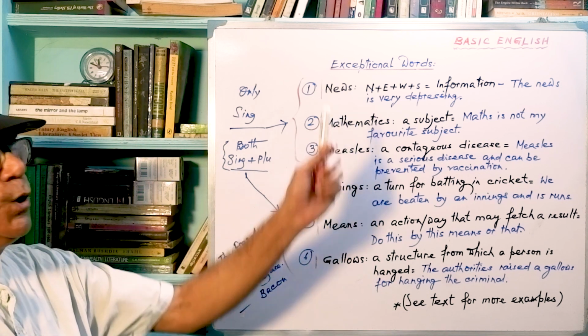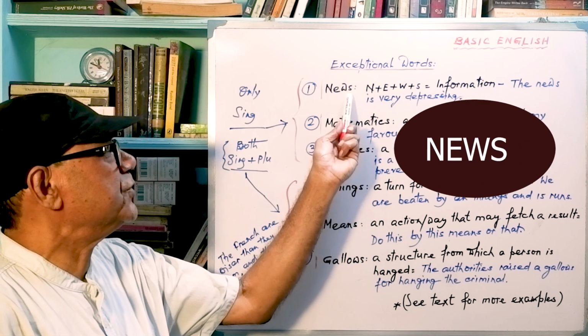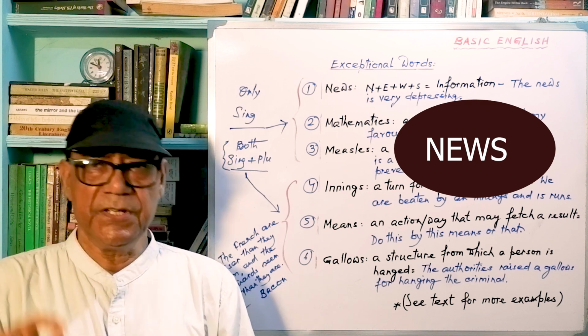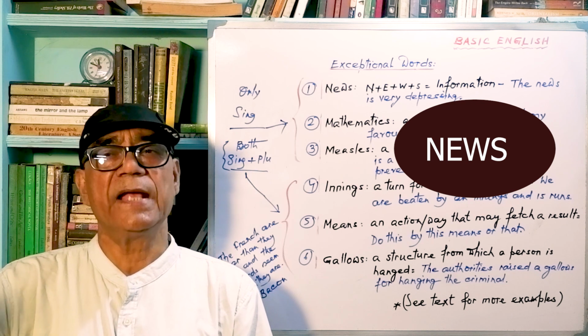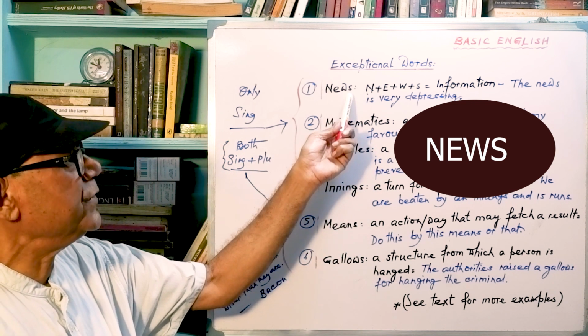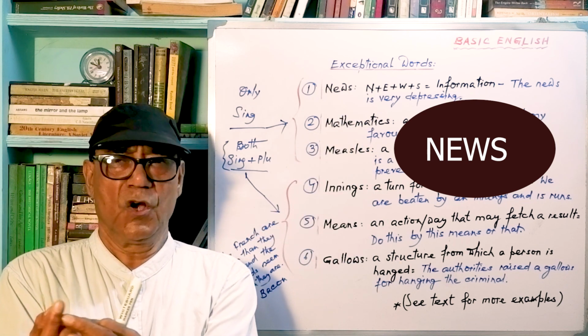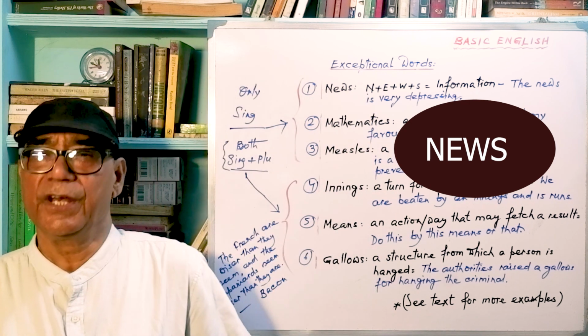Number one, news. N-E-W-S. This S does not refer to the plural sign of a word. This S refers to the direction known as south. So north, east, west and south, the initial letters of four words make a new word, that is news.